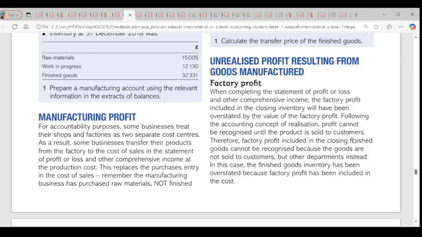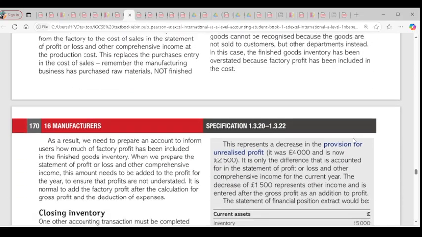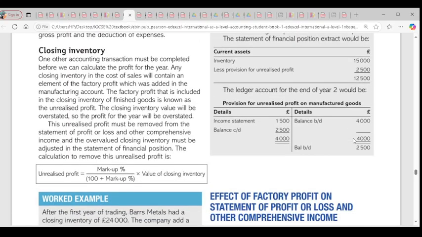Our closing inventory. For closing inventory, the closing inventory is overvalued as factory profit has been added to it. Therefore, the unrealized profit must be removed from the statement of profit or loss. Our closing inventory of raw materials, you have overvalued it because you have added factory profits to it.